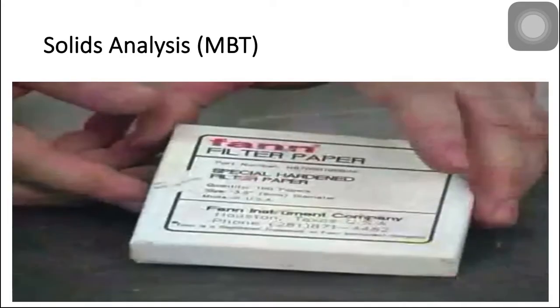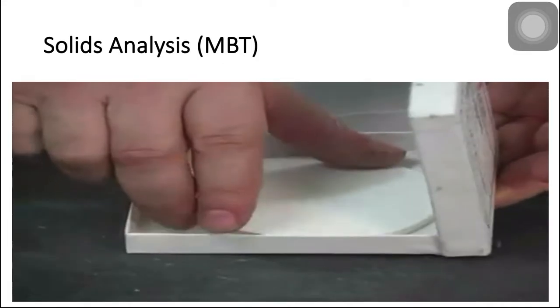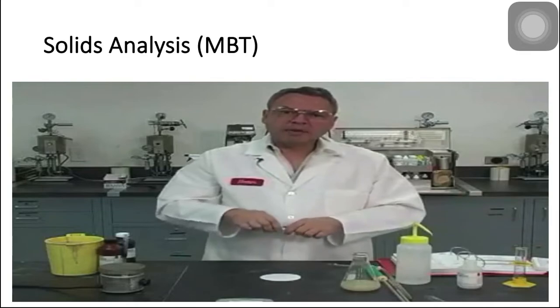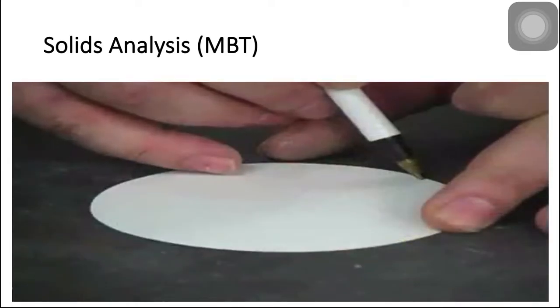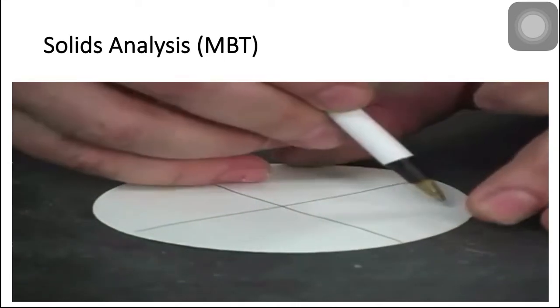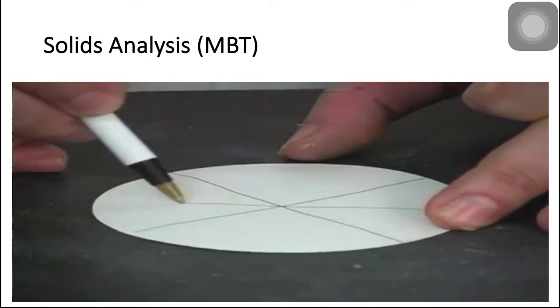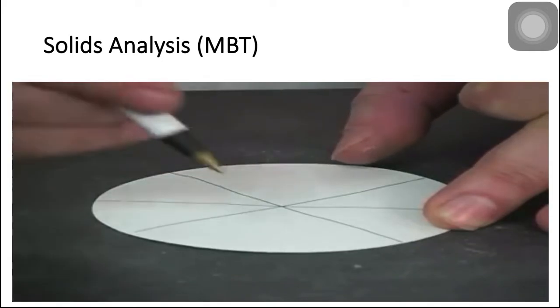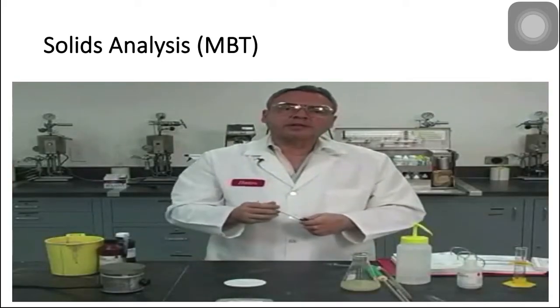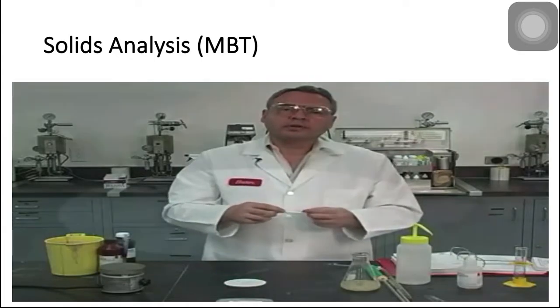I'm going to get one regular filter paper, and I'm going to treat it like a pizza. I'm going to slice it with lines, and that's going to give me 8 sectors. So now I can put some samples here and see what color it turns out.